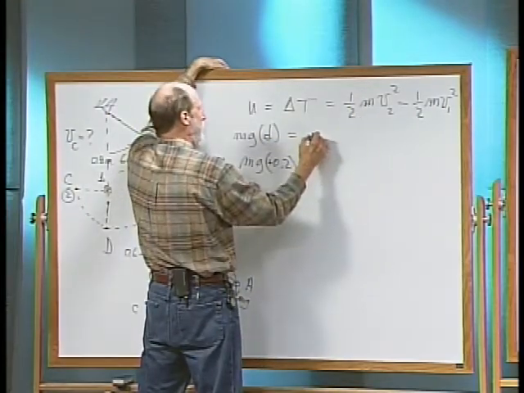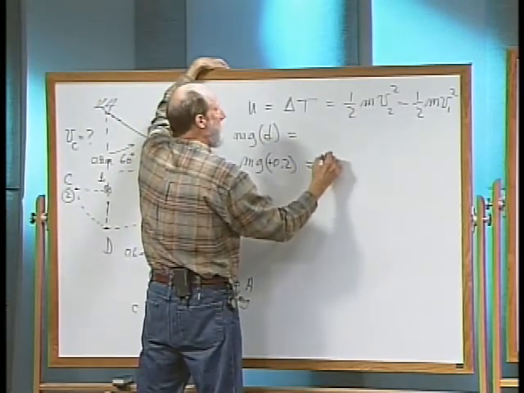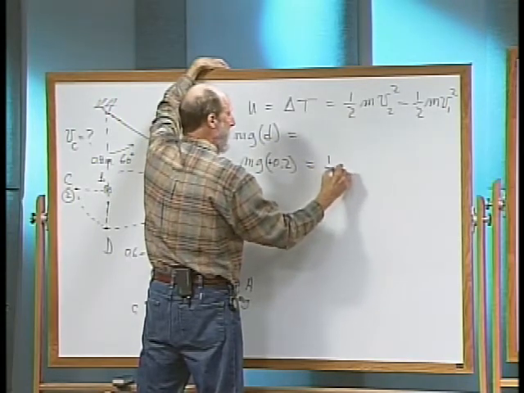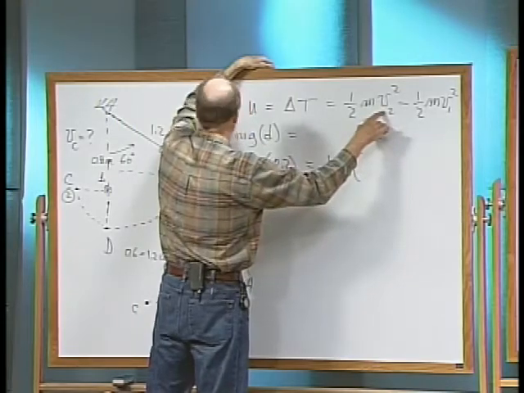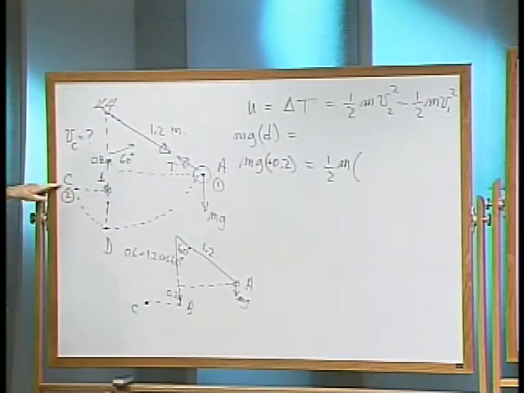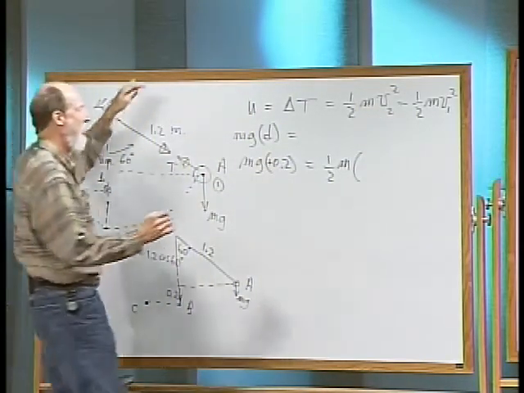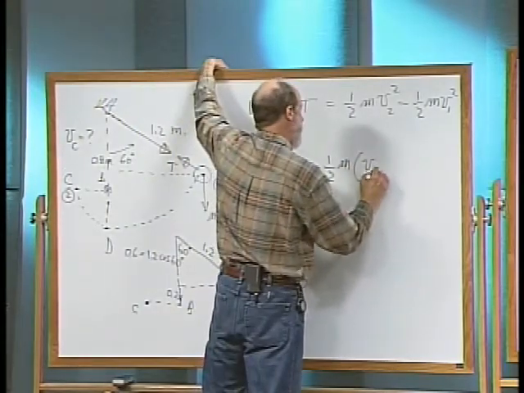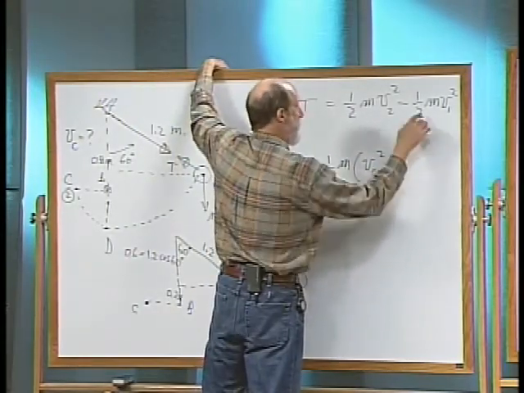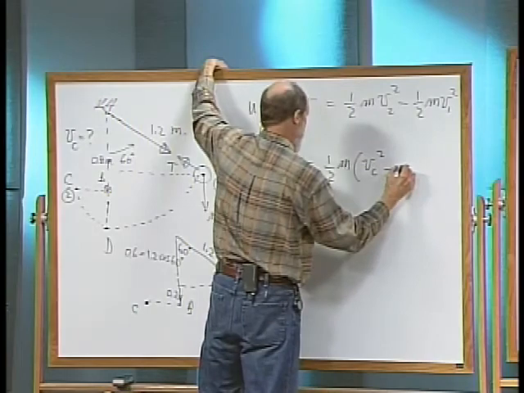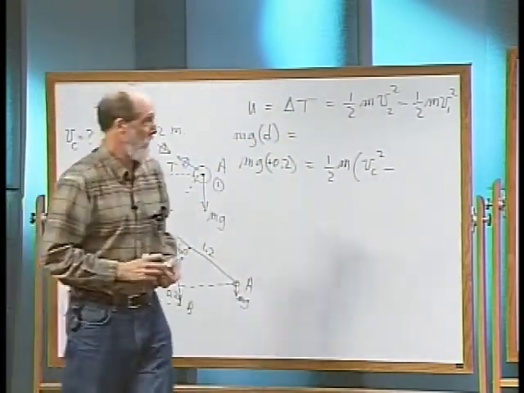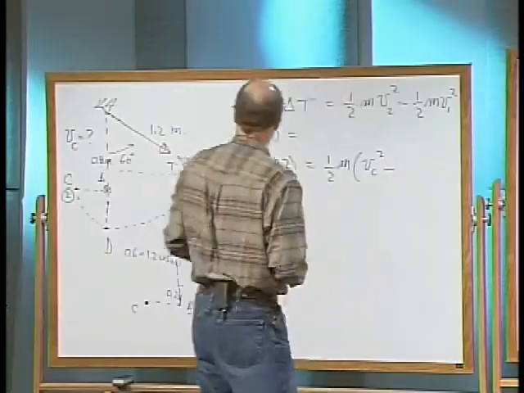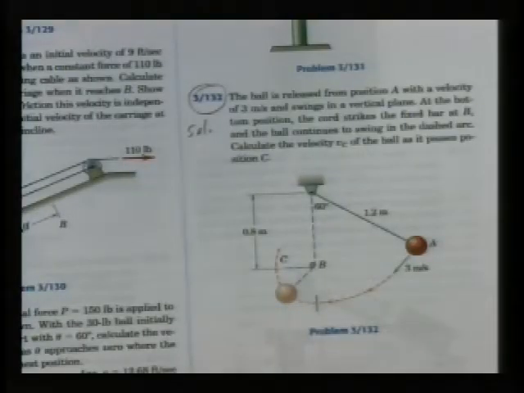So substituting in then, this becomes equal to 1/2 mass gets factored out. V2 happens to be here at location C minus V1, which happens to be the speed it was carrying initially, which they tell us in the problem was 3 meters per second.